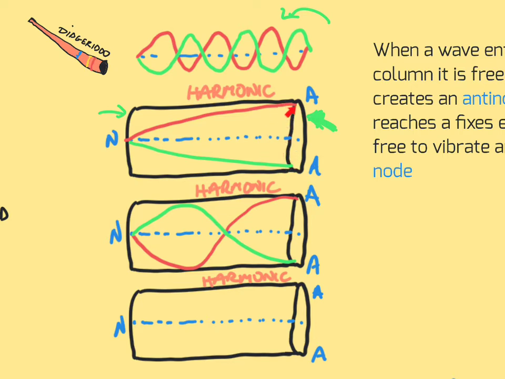So it's free to vibrate at its maximum at that point. But when it reaches the end, the closed side of the container, you will get a node. In other words, that reflected bounce wave, right at that point, it's not free to move. So this is the incident wave, this is the reflected wave. Normally you draw both when you're drawing these harmonics.